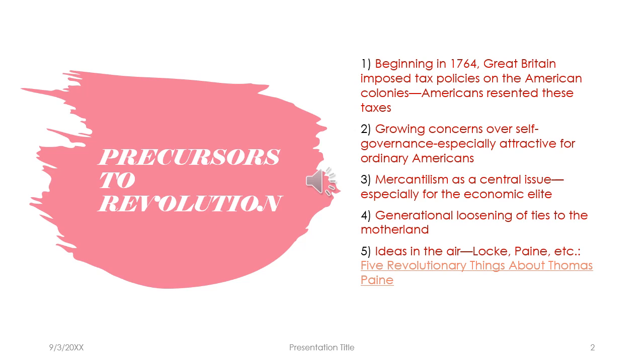And then finally, ideas in the air, right? We talked about this, the ideas of John Locke, right? That we are endowed by our Creator with certain unalienable rights. Among these, life, liberty, and the pursuit of property. And if government's not taking care of that, we have the right to rebellion. Rebellion, right? That's a revolutionary idea. Thomas Paine, right?